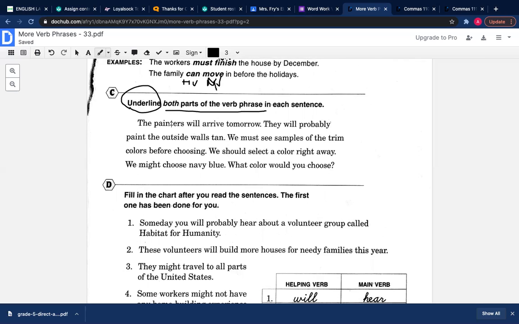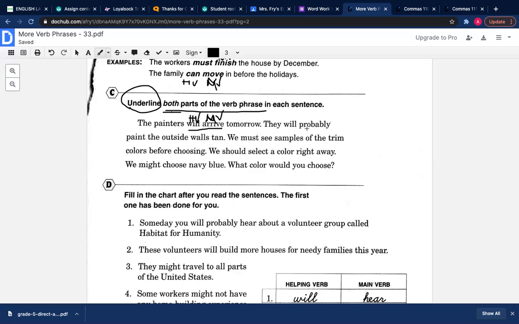What will the painters do? They will arrive. You need to make sure that you underline both parts, not just one. You need to underline the helping verb and you need to underline the main verb. Okay? Complete that with the rest of these.